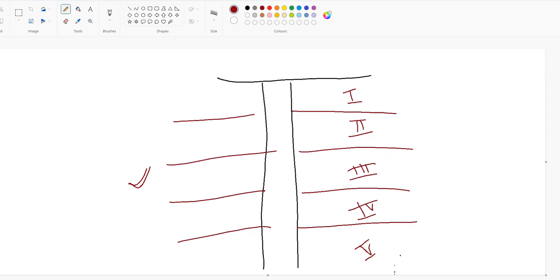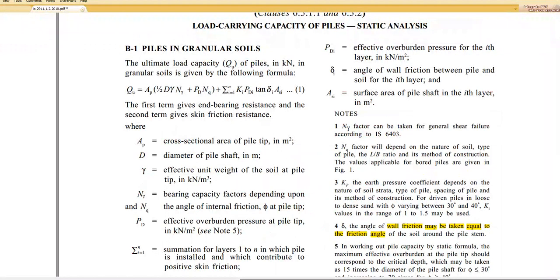What is the area of the shaft in this third layer? That is known as ASI. Depending on whether this is a clay or sand, based on the soil properties from the lab test, you will do the calculation for the skin friction from Annexure B of the code. So ASI is the surface area of the shaft. This is all about the granular soils.